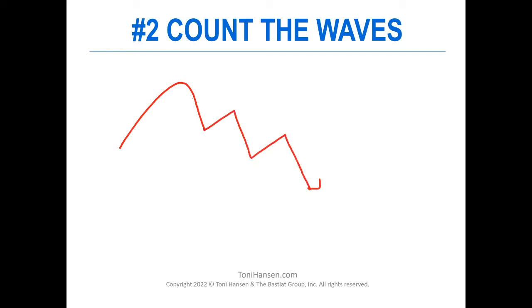This will be wave 1, 2, 3, 4, 5. You'll also hear things referred to as ABC, ABCD. That's the general idea that A, B, C are corrective moves, so there'll be a 2-wave correction within the context of these bigger 5 waves.